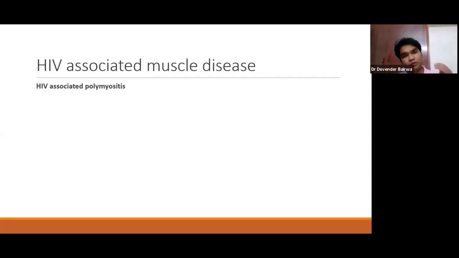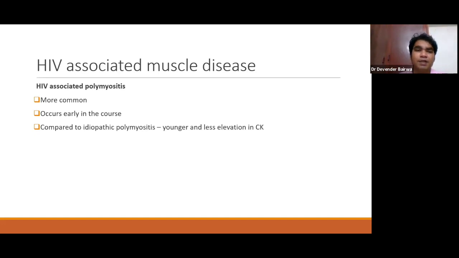Coming to HIV-associated polymyositis and dermatomyositis. HIV-associated polymyositis is generally more common. It occurs early in the course, and compared to idiopathic polymyositis, it occurs in younger patients, and there will be less elevation in creatine kinase enzyme. While polymyositis is more common in the early course, dermatomyositis is less common and occurs in the late course of the disease.